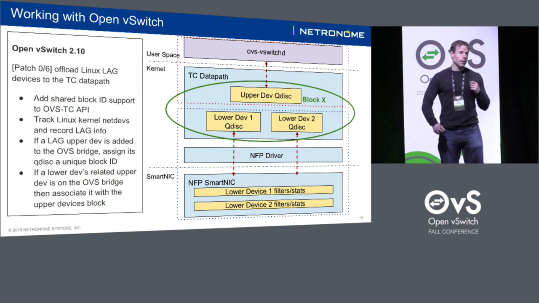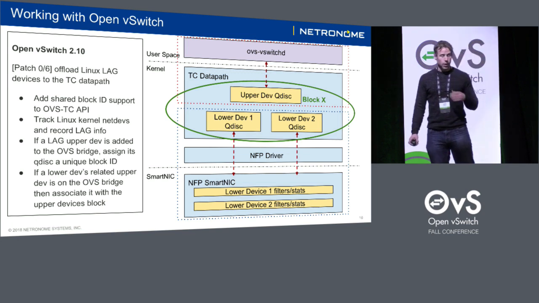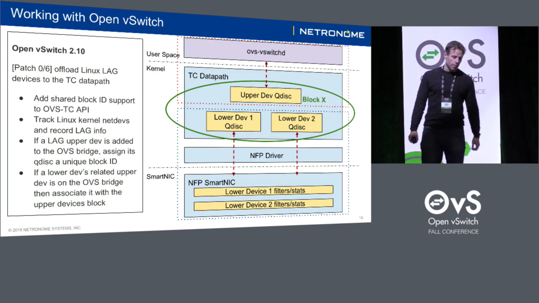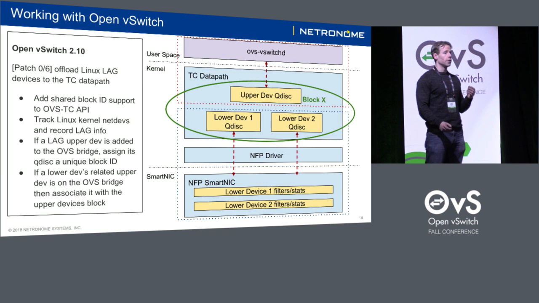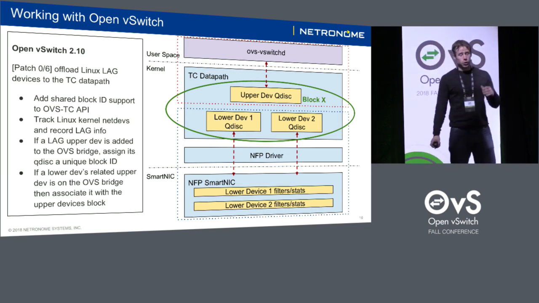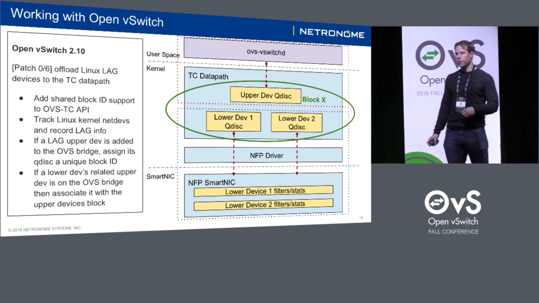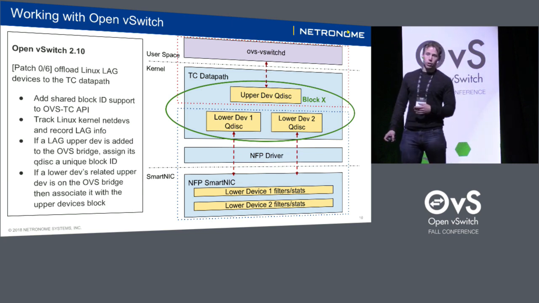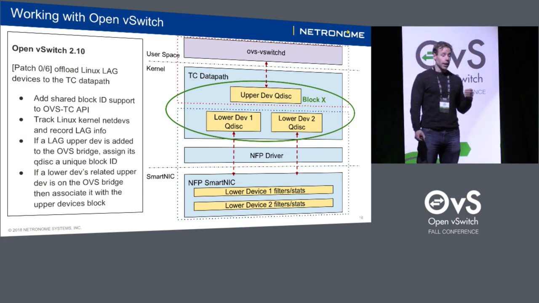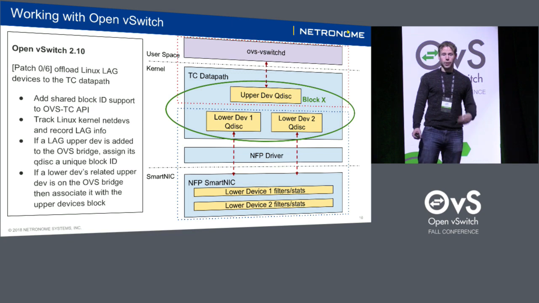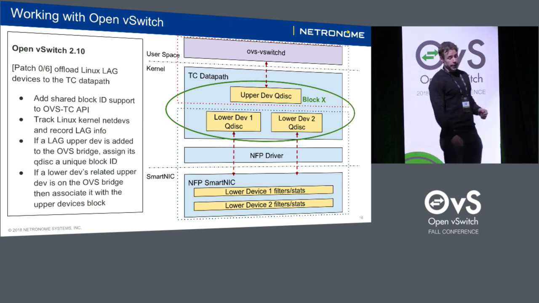So if a lag device or upper device, say a bond master, is applied to an Open vSwitch bridge, instead of just adding a QDisc to this that may be used for TC offload, we apply a QDisc and a block ID, a unique block ID, to this upper layer device.